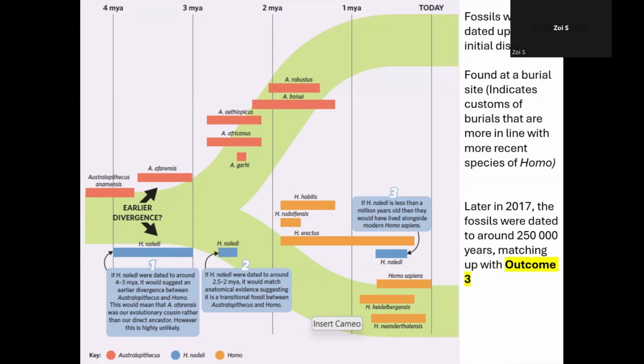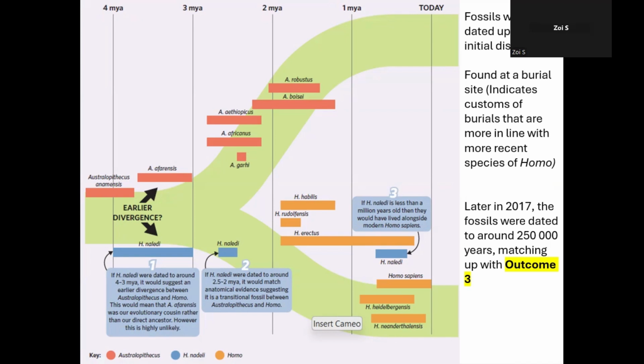So when these fossils were found and we were seeing these common traits between the two different genuses, we were thinking maybe they existed as a transitional fossil somewhere around the time of the transition between Australopithecus and Homo erectus, right? So there were three different outcomes that we hypothesized about Homo naledi, when they could have existed.